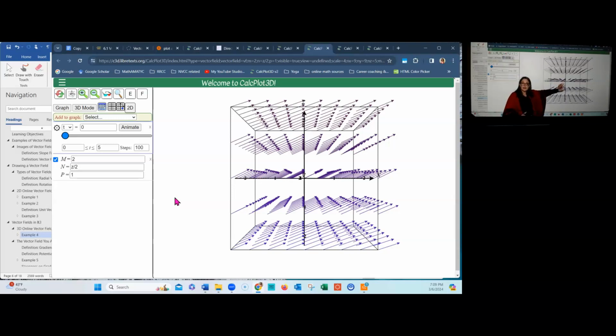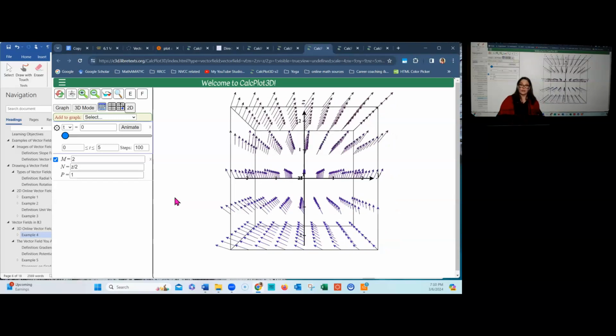And by looking in the XZ plane, we've taken the Y component out of it. If we looked at a different plane, for example, the YZ, now they're going to change in length because in the Y component, they depend on the value of Z. So as Z gets larger, the vectors get longer.